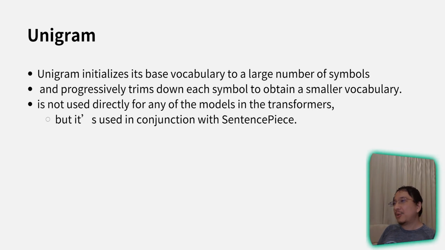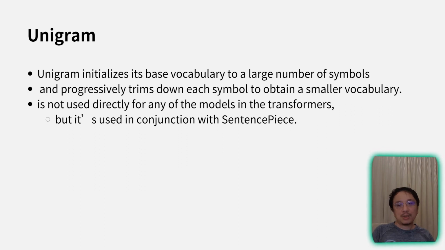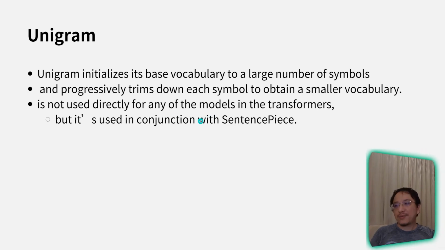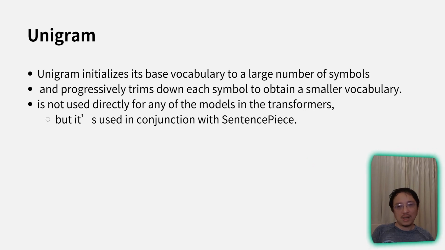The algorithm of unigram for tokenization works in the opposite direction. The unigram tokenization starts with a very huge dictionary. Then it progressively trims down the symbols that are less useful according to the likelihood and the language model, so we get a smaller and smaller dictionary.